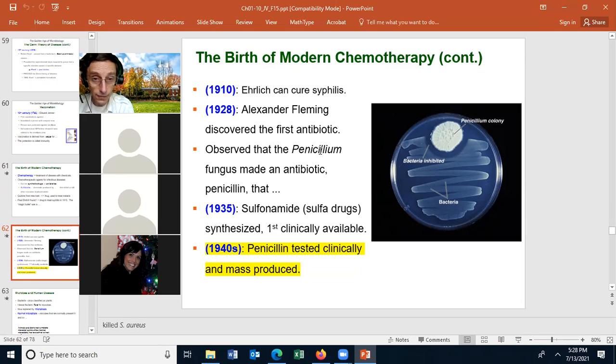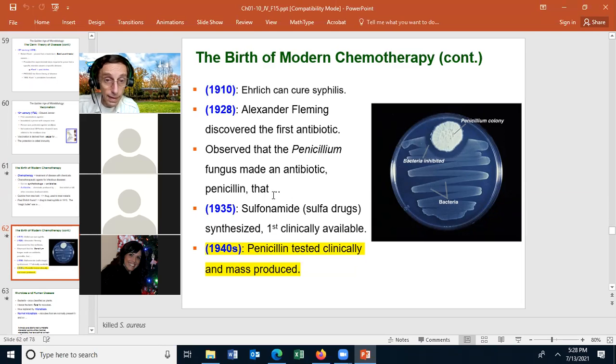I don't even think he had it filtered to keep out the mold. And the mold happened to be Penicillium with an M, and so he named the antibiotic penicillin. And specifically speaking, it's penicillin G that he discovered.